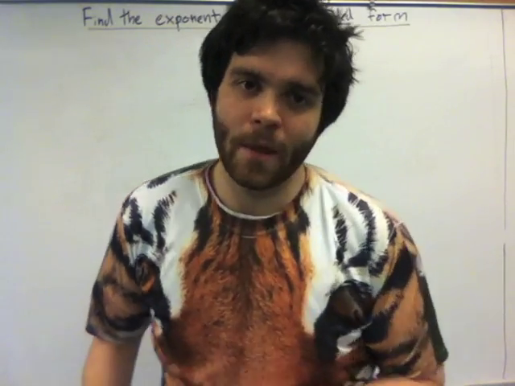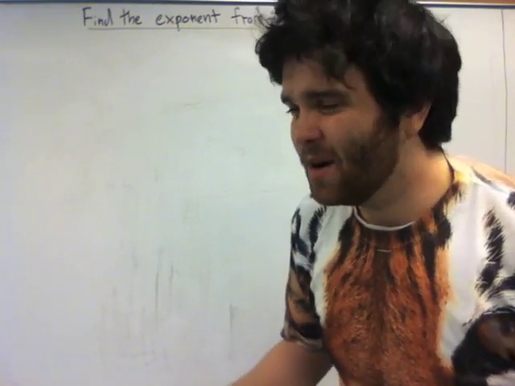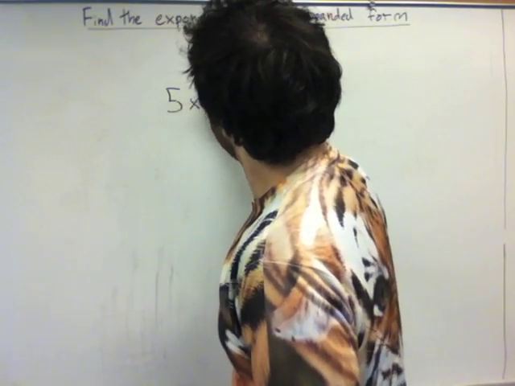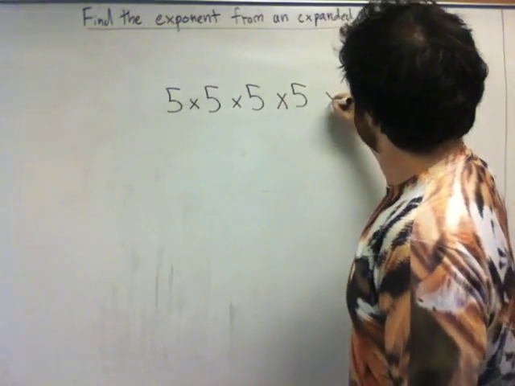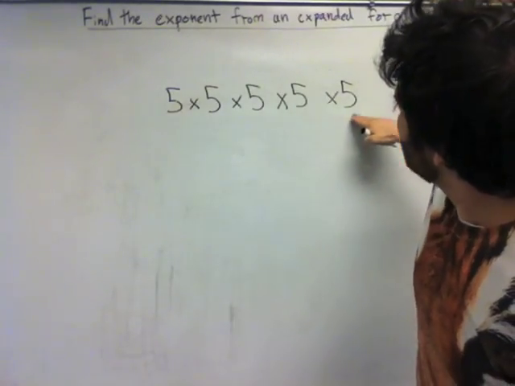Let's get started. We know that the expanded form of an exponent looks kind of like this. It's a bunch of numbers multiplied together.